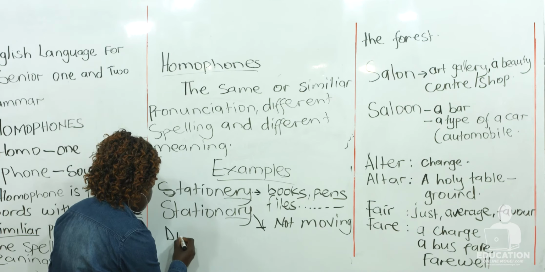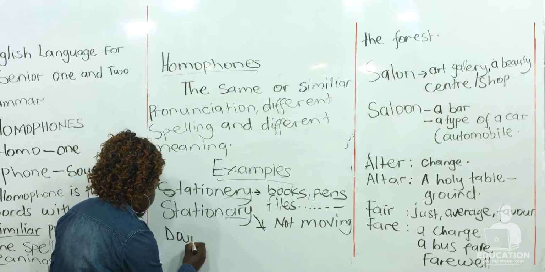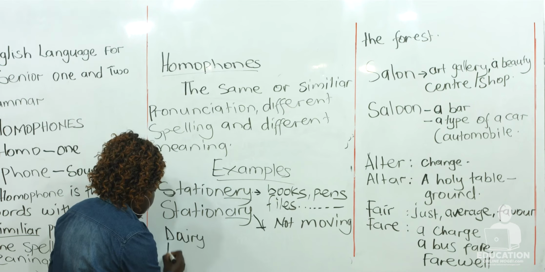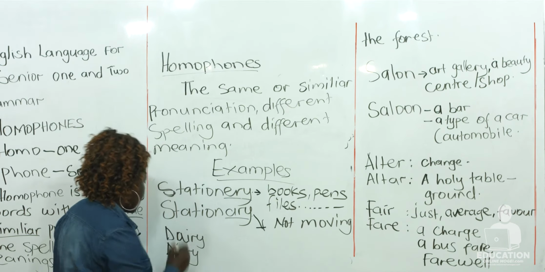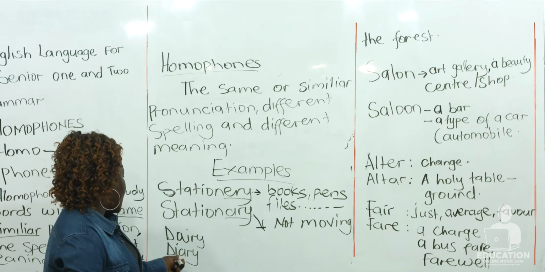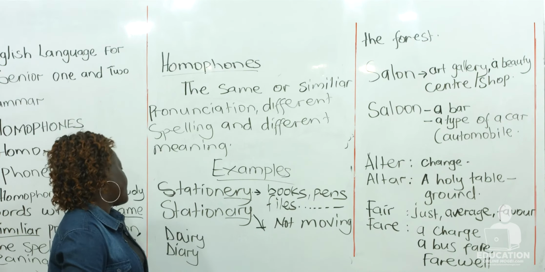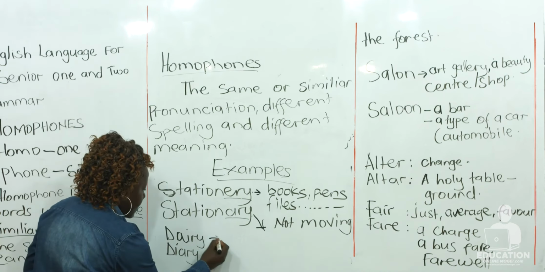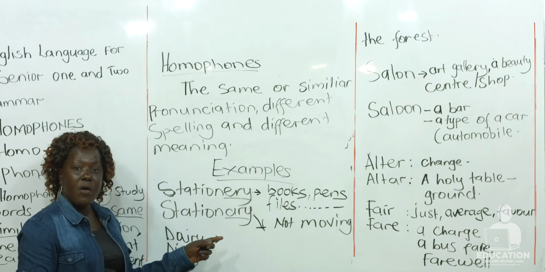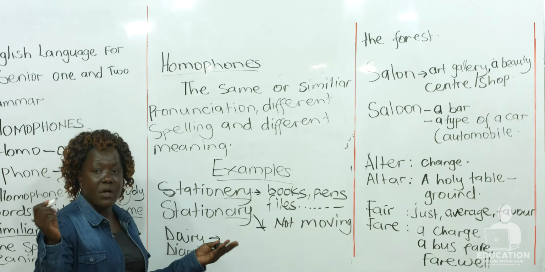Right, let us look at this. Diary, dairy, and diary. Diary and dairy with A. This one with A is a store for products of milk.